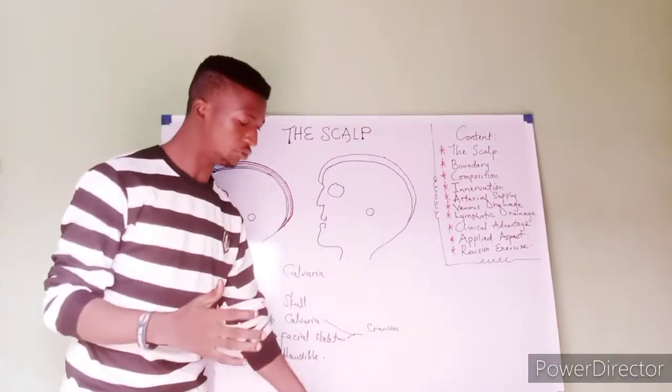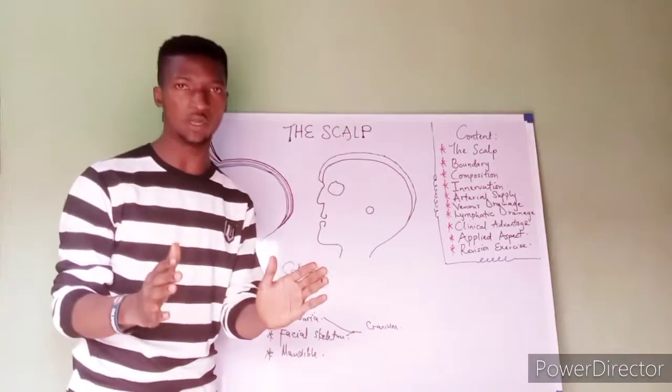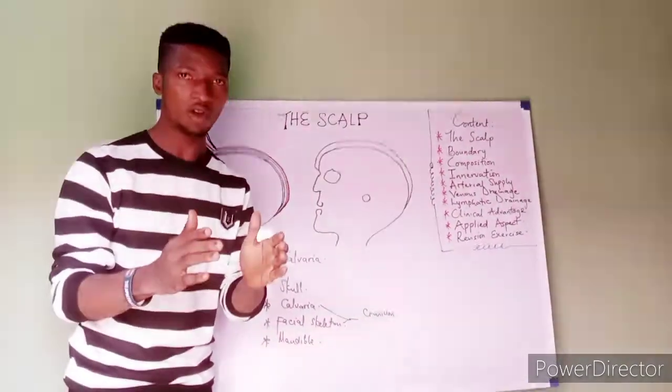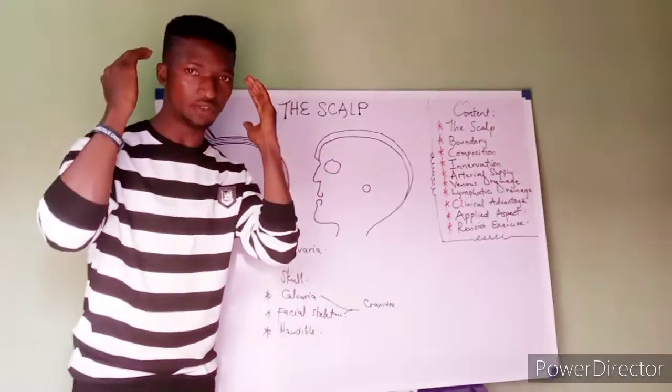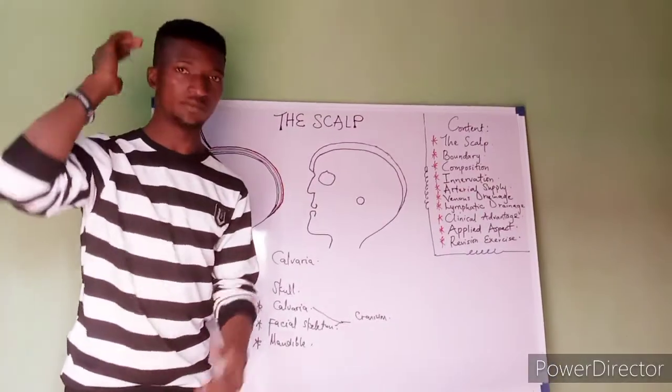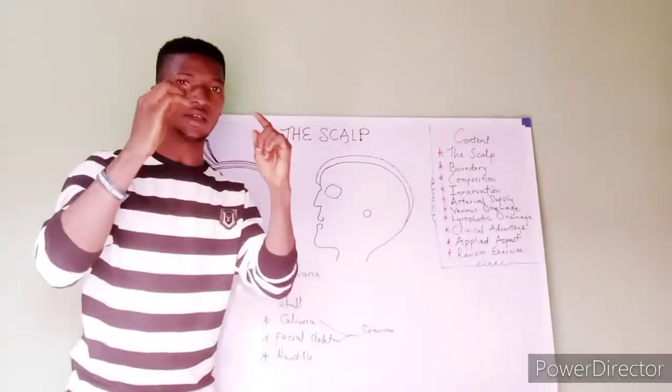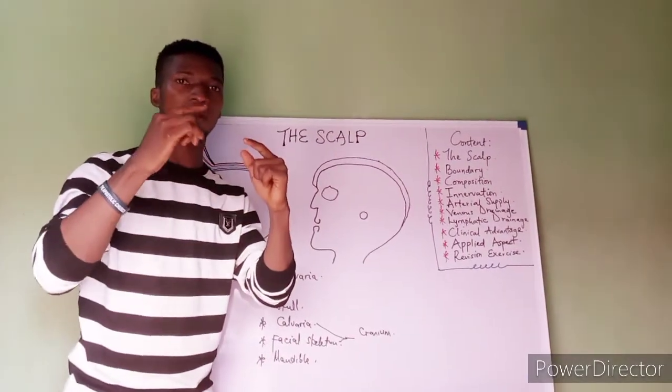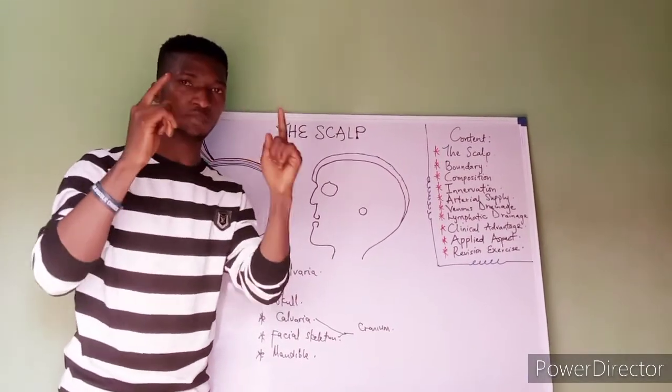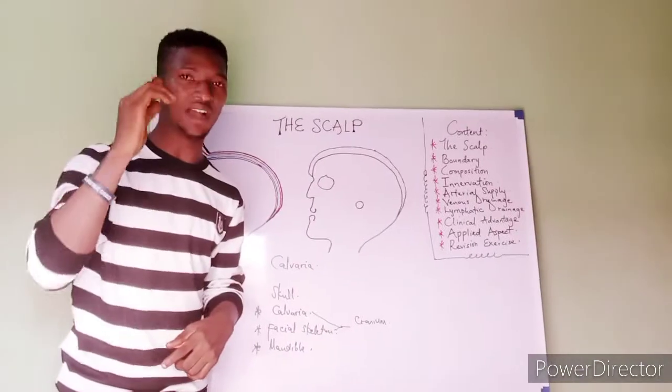We have the boundary in three different ways: the anterior boundary, the lateral boundary, and the posterior boundary. The anterior boundary is made up of the eyebrow or the superior orbital margin.